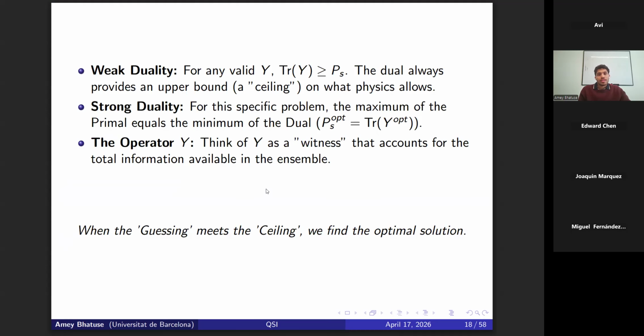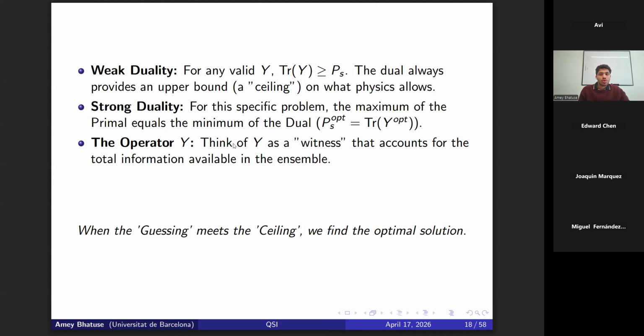As I said, y actually has all the quantum states beneath it. So for a valid y, your success probability can be no more than the trace of y. The dual is an upper bound, a ceiling on what physics can allow.